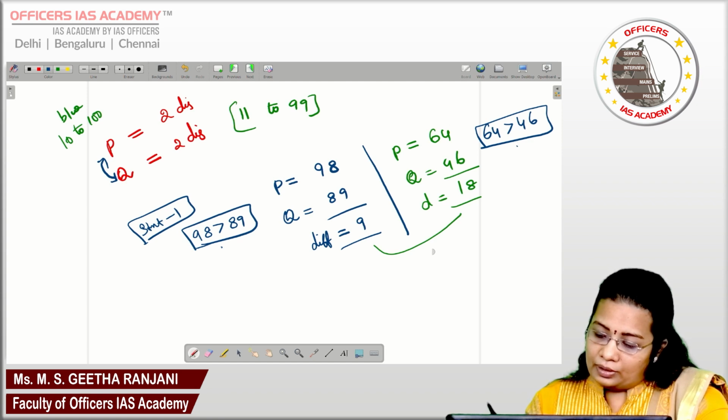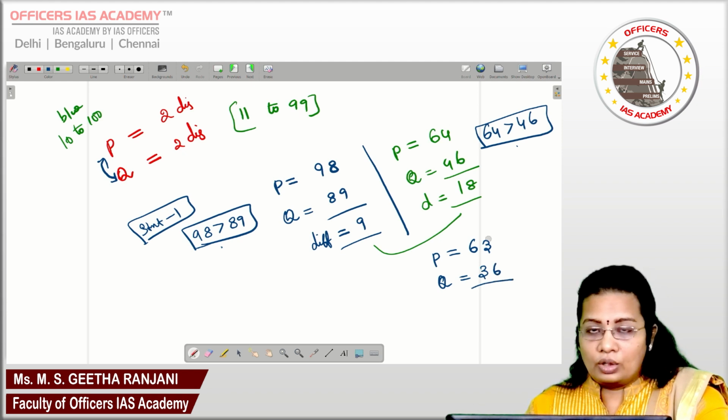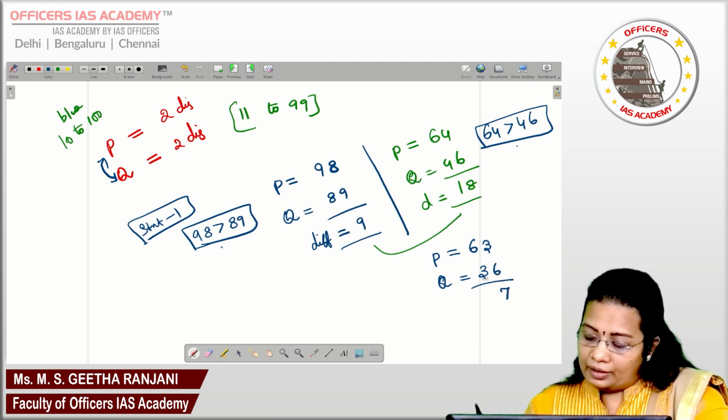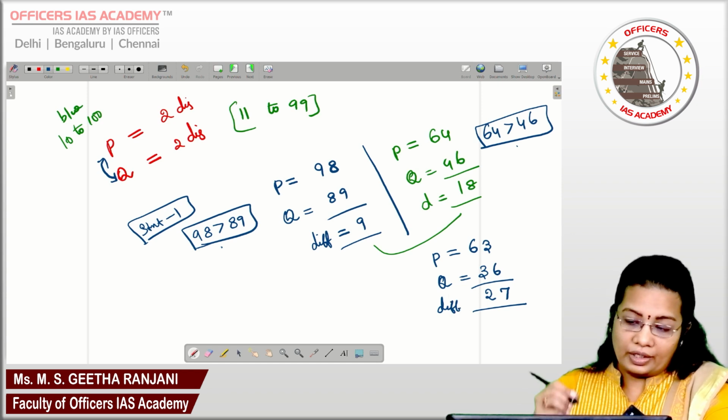Say for example, if P is 63 and Q is 36, what value will I get here? I am getting 27 as the difference. So statement 1 alone is not sufficient to get the answer.